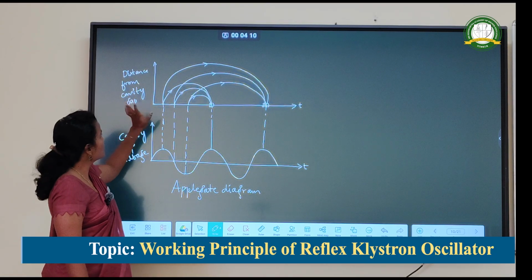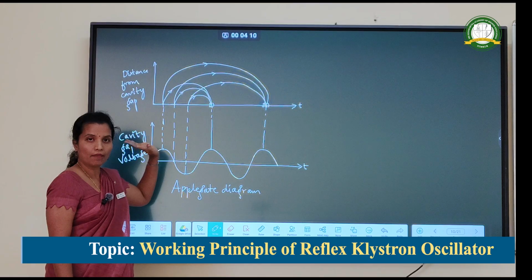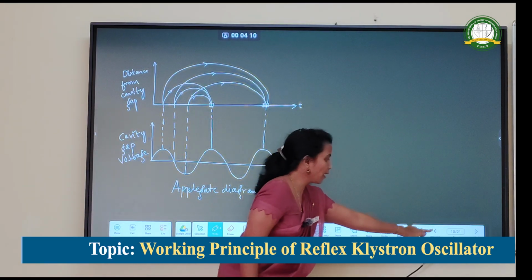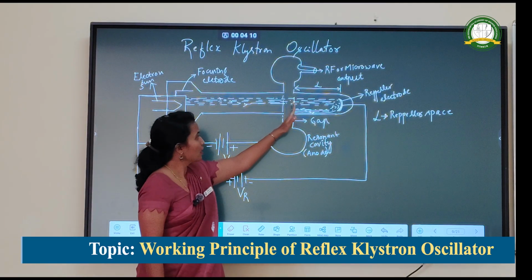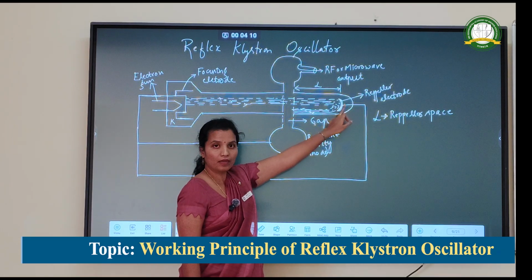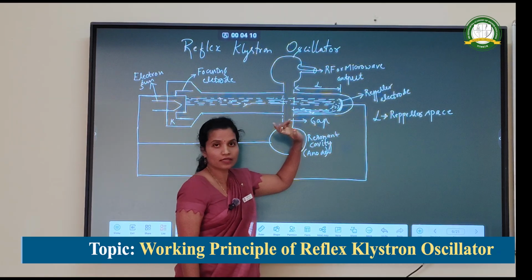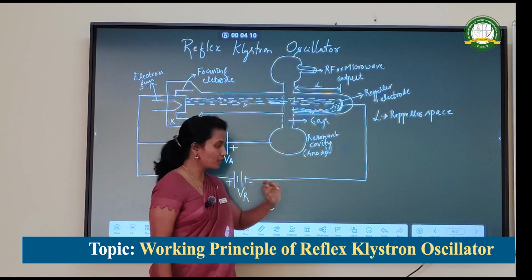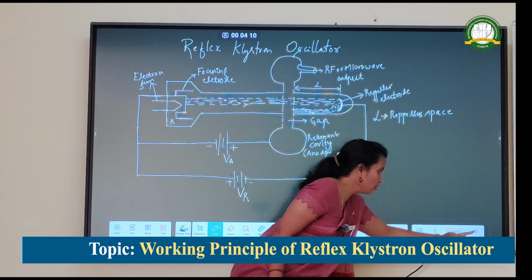This is the distance from the cavity gap. This is the gap, and the distance to the repeller electrode is considered. Why is that? We will know soon.